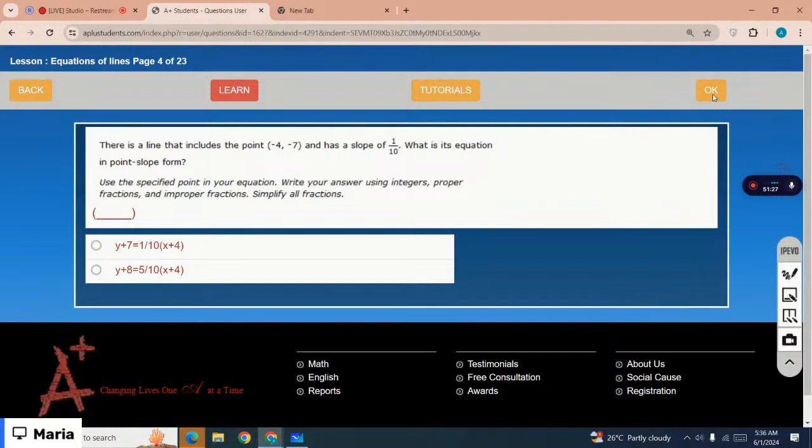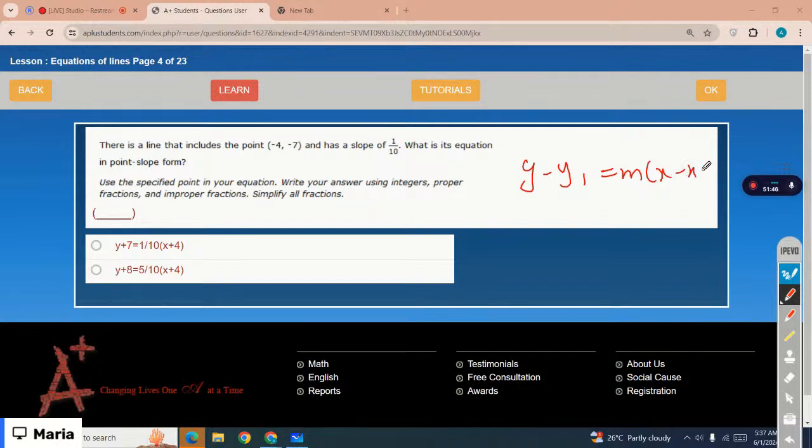There is a line that includes the point negative 4, 7 and has the slope 1/10. What is its equation in point slope form? The point slope form is y minus y1 equals m times x minus x1.